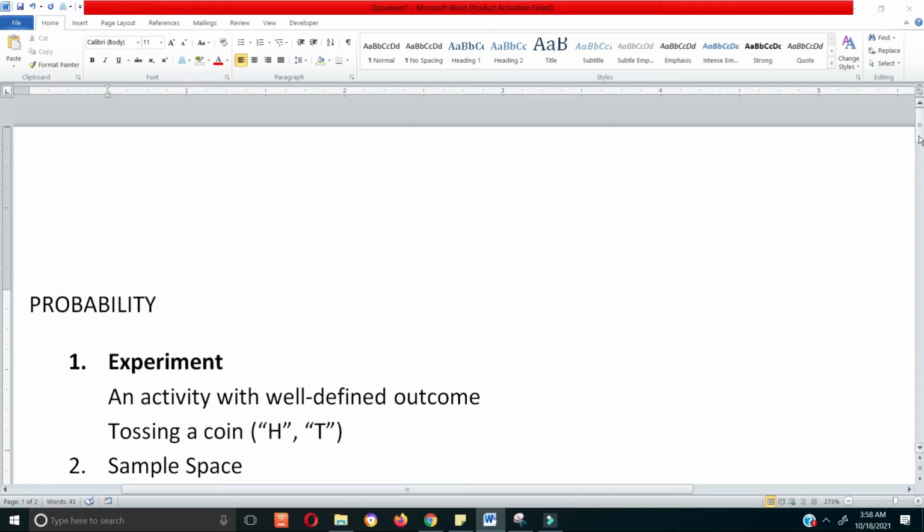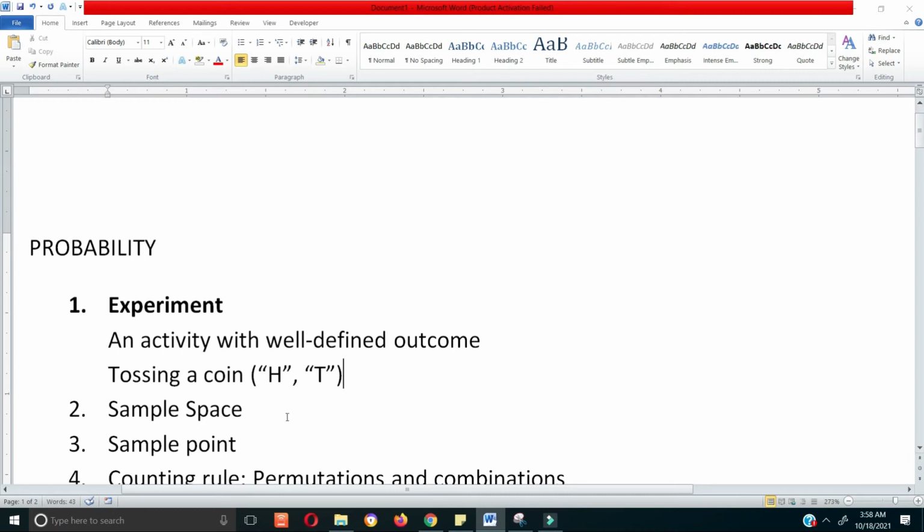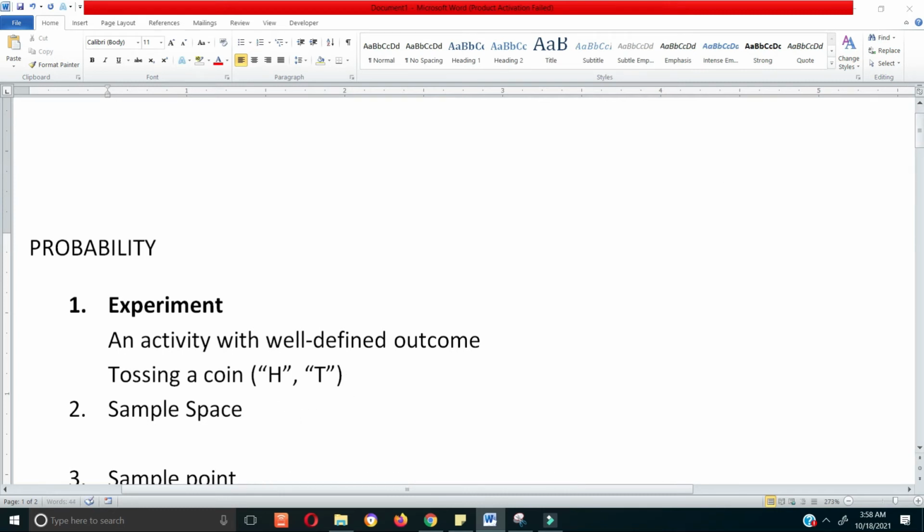When you talk about an experiment, you have another related concept, which is the sample space. So the sample space would be the number of possible outcomes that you could have. So that sample space is this set over here, which is H and T, and in this case, the size of the sample space is 2.